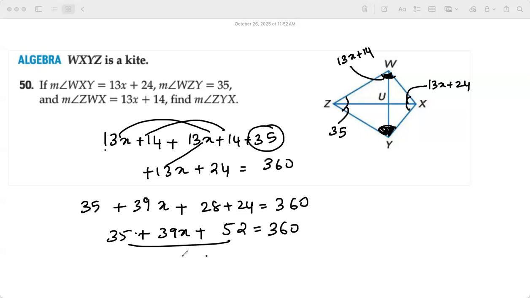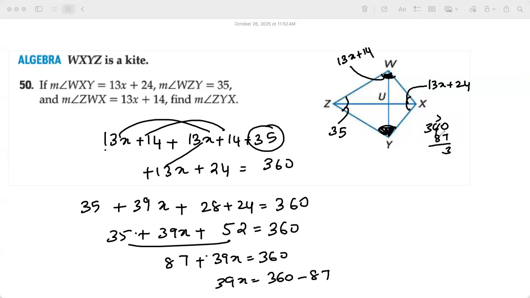Now I'll add these two. 87 plus 39x equal to 360. 39x equal to 360 minus 87. It's 273. 39x equal to 273. X is 273 by 39. That's 7.